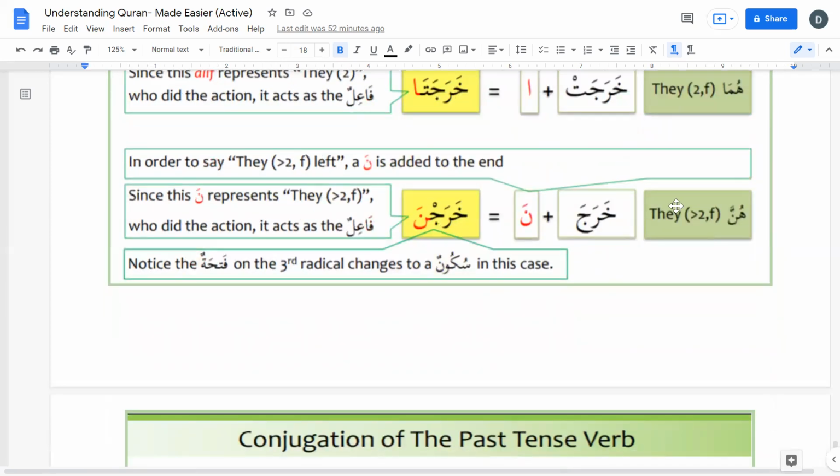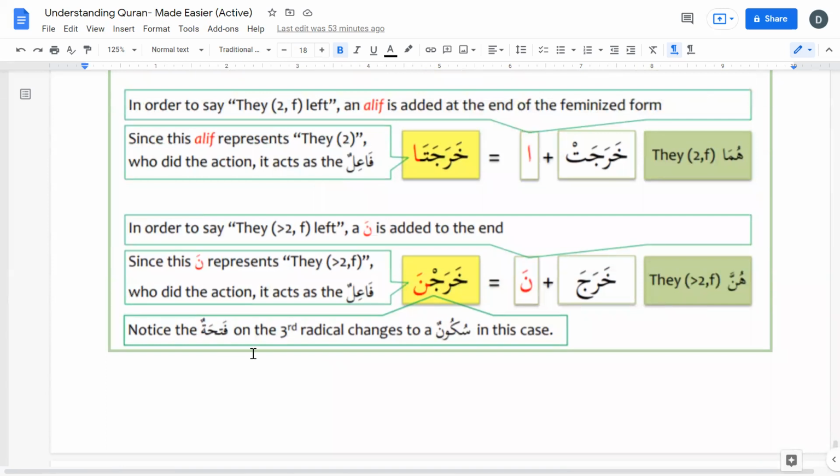Then comes the hunna version, and hunna, as we know, is three or more than three females. So hunna is the plural of feminine. And this hunna version has a requirement.